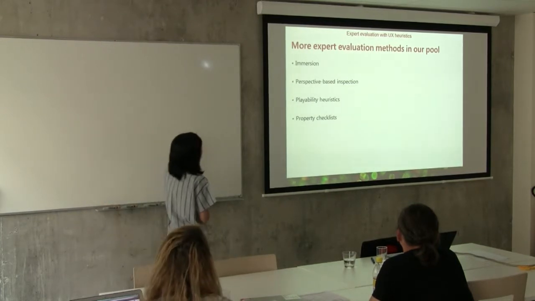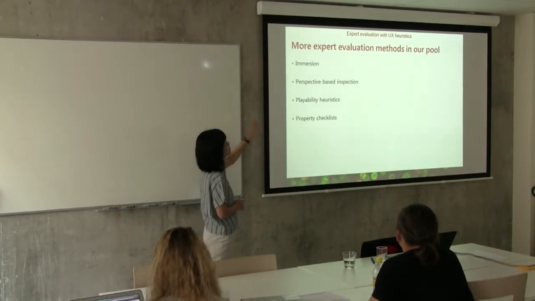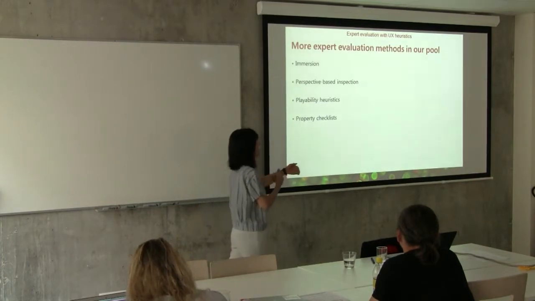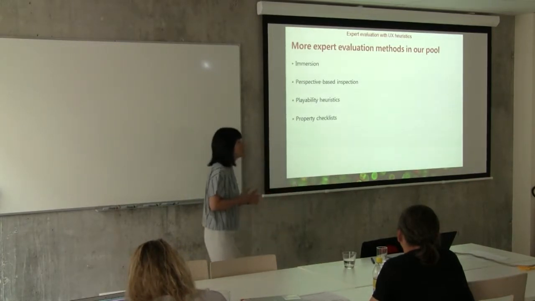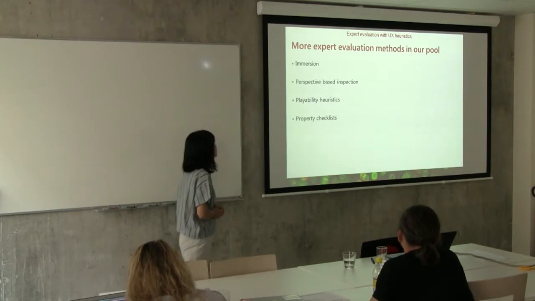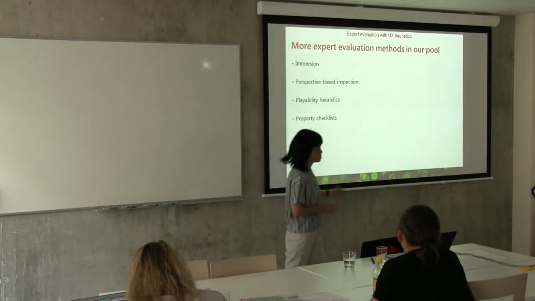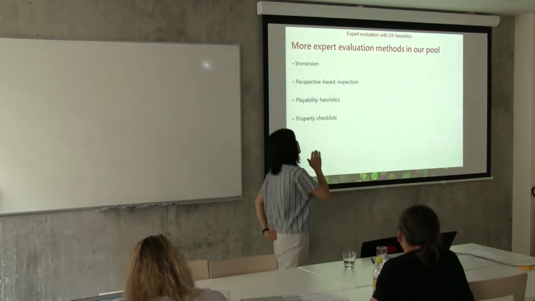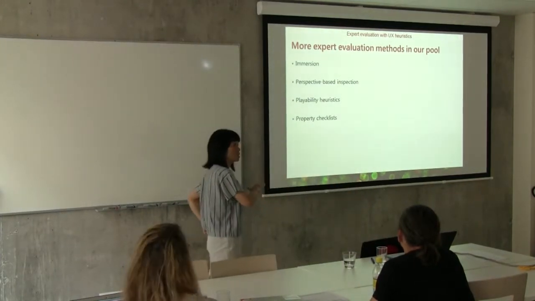There are also so-called immersion heuristics, a different set just to cater to the different emotional aspects of the product that you aim to deliver. So this is one way you can do the UX evaluation, with heuristics.